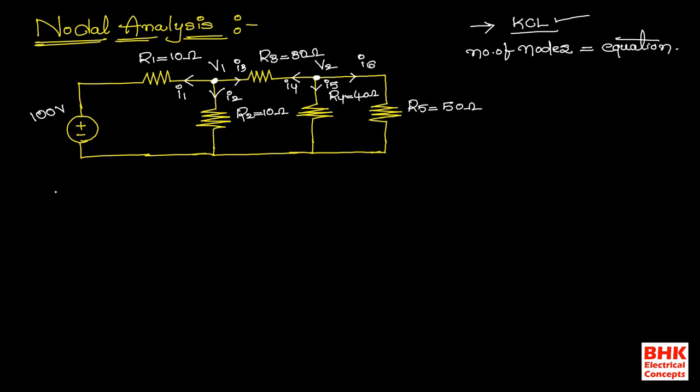Coming to node 1, I am drawing a separate diagram. Assume this is the node, and its name is V1, and we have to consider all the elements connected to node 1.